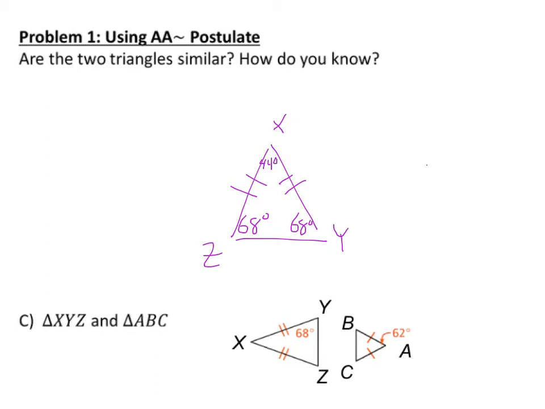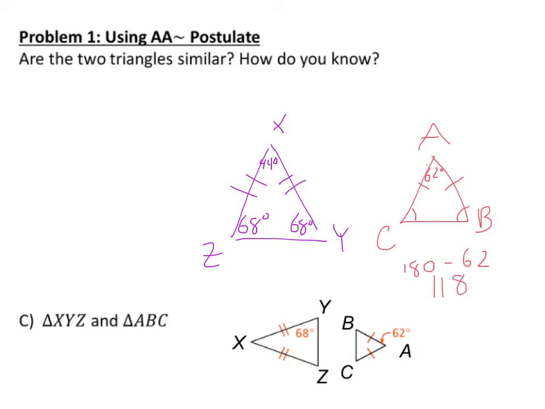I'm going to redraw the second triangle, A, B, C. A is 62 degrees. So these two down here have to be the same. If I take 180 and subtract 62, we get 118.